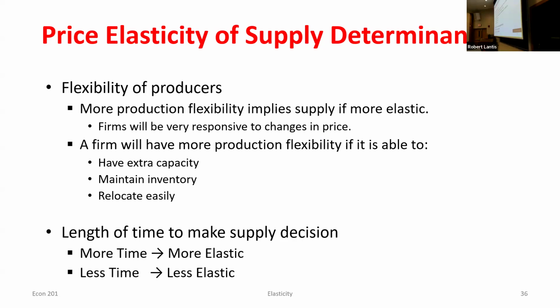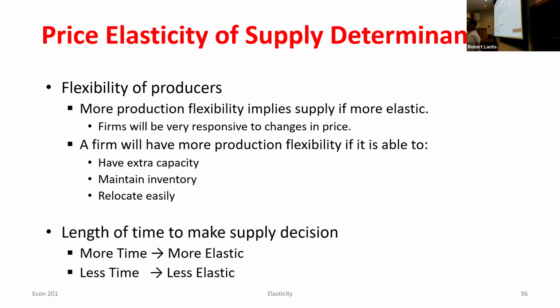So currently, if the price is low, maybe I'm only using like 80% of my production facility. If all of a sudden the price goes up by a lot and I have this extra capacity to make more, I now can be very responsive to that price change. I can produce a lot more because I have this extra space or extra capabilities in my facility.